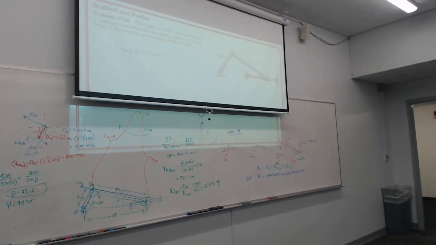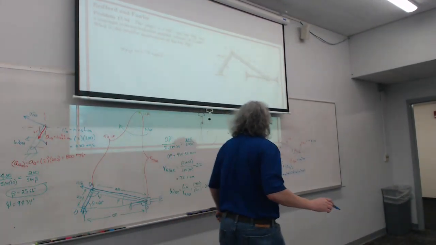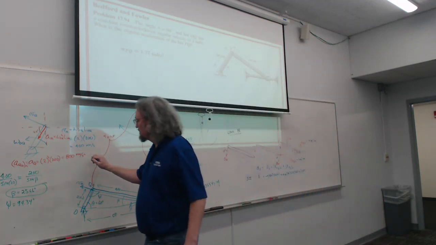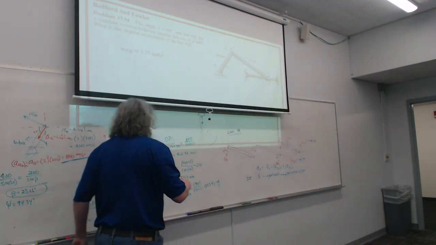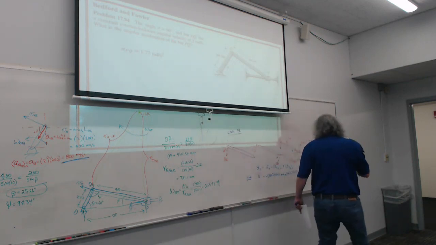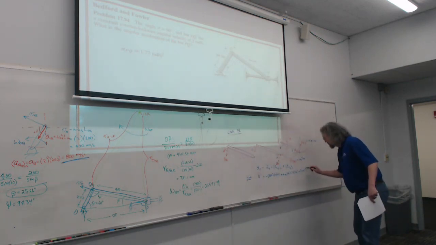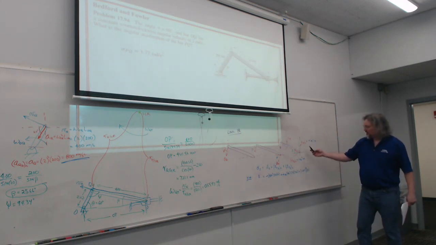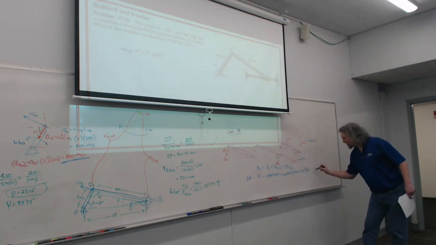Where did you get 800 from? This guy. And that's also times this 400 length. But now we're going to go the sine of that beta, 25.66.